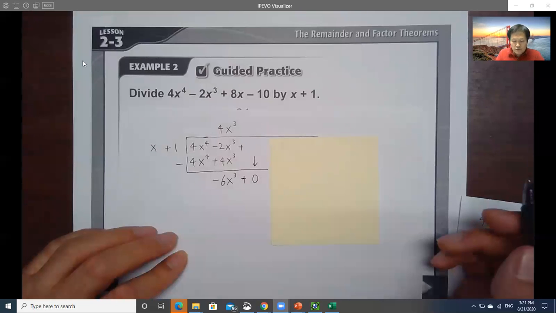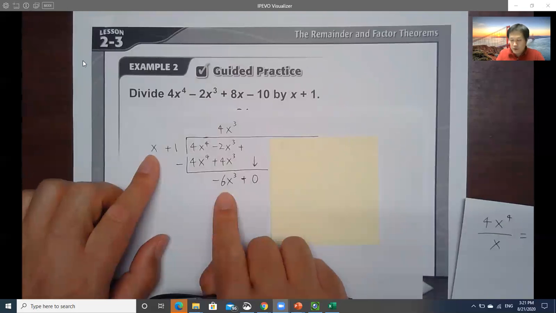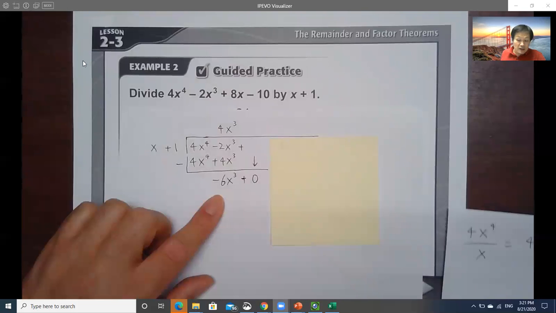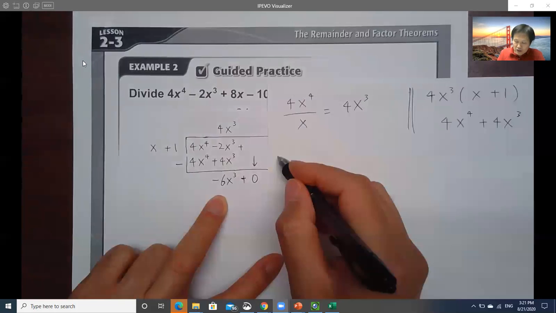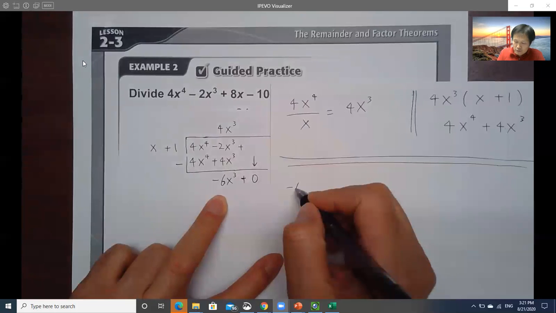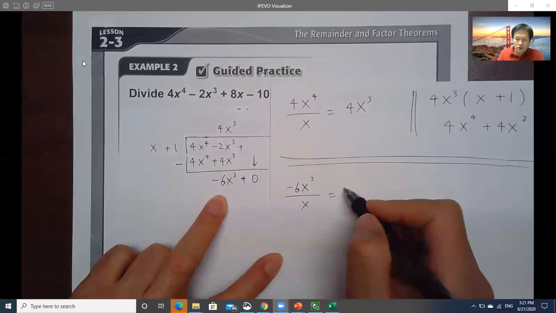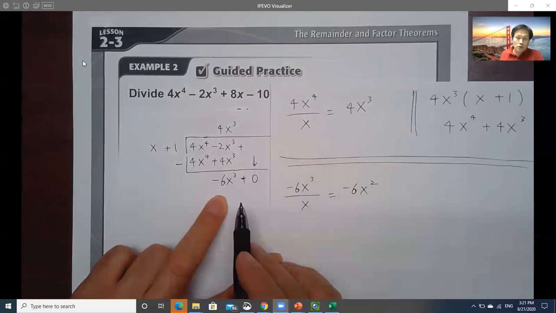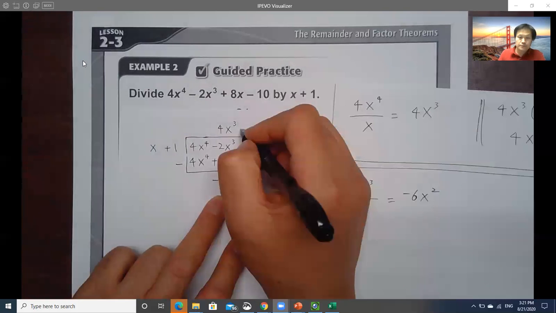Again, first term to first term, what do I multiply to x to match minus 6x to the third? So that's going to be minus 6x squared. Again, if you didn't quite catch that, you can do minus 6x cubic divided by x. If you divide by x, you get minus 6x squared. That's the one you need to write on the quotient. Minus 6x squared.